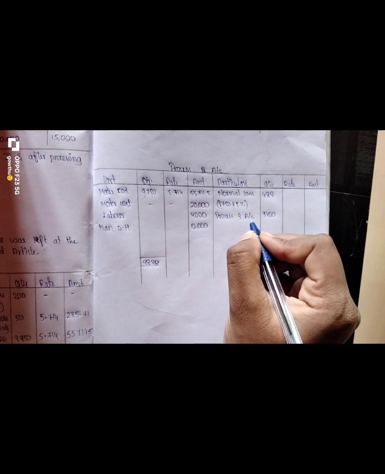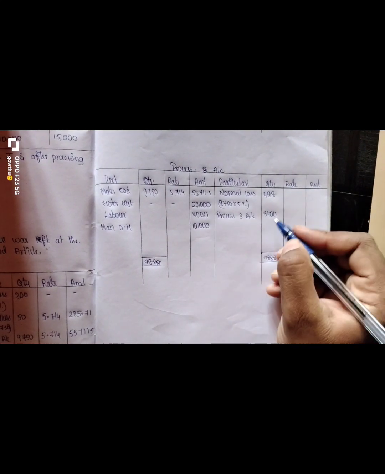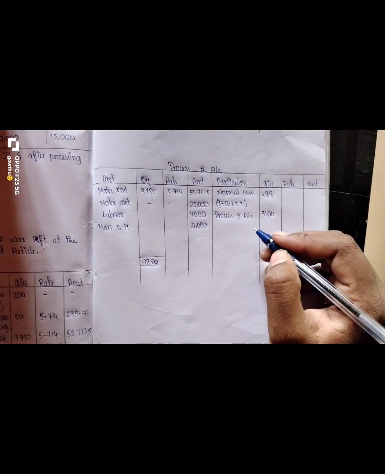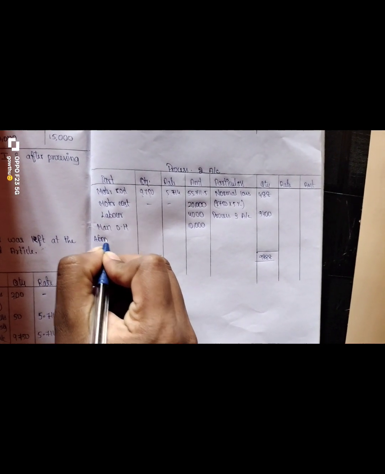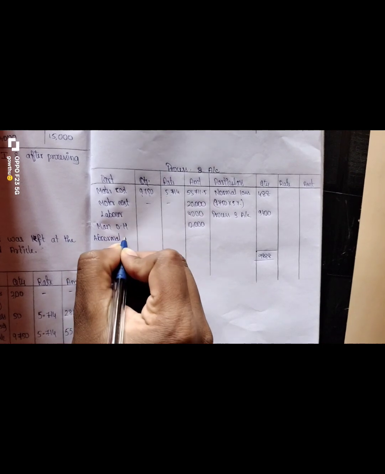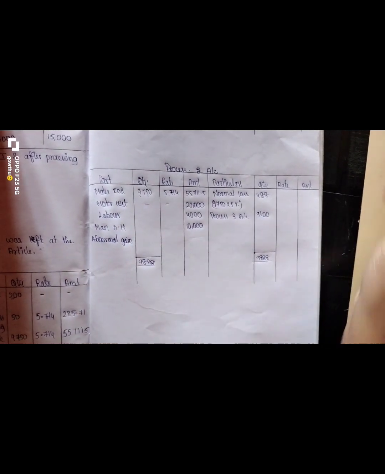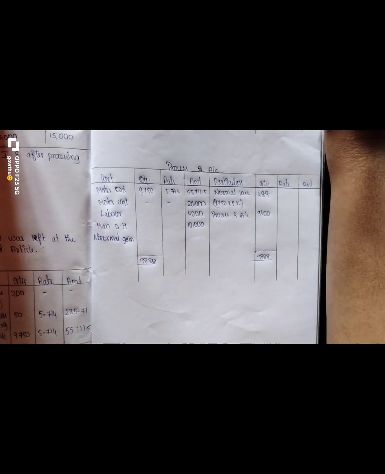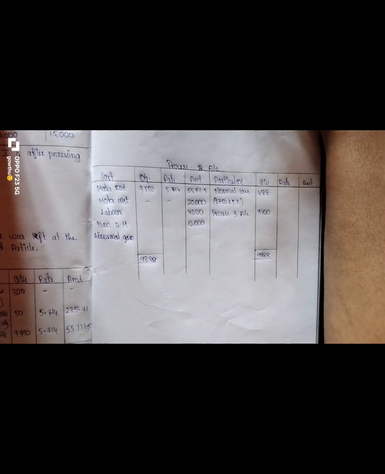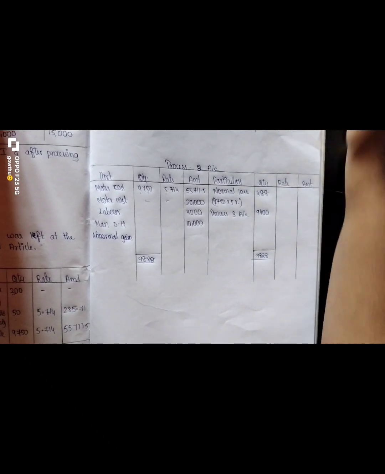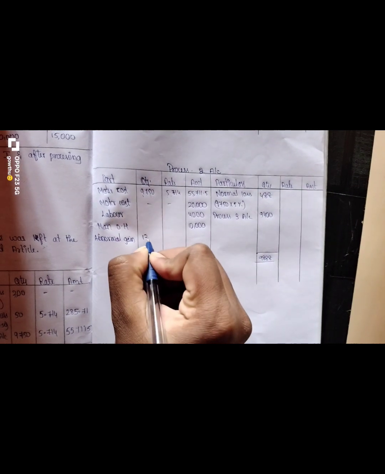If we get less here, it will be abnormal loss. Now it is less, right? So here abnormal gain. How many units? 9,888 minus 9,750, we will get 138 units.